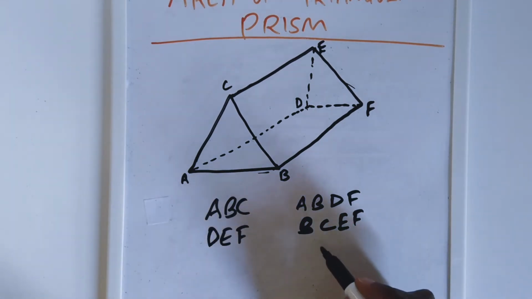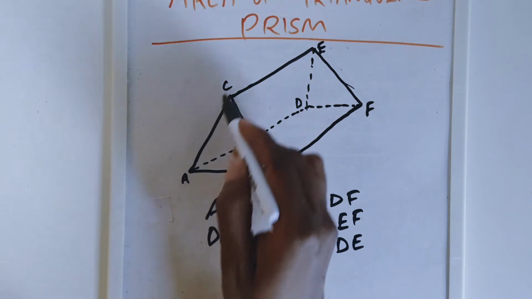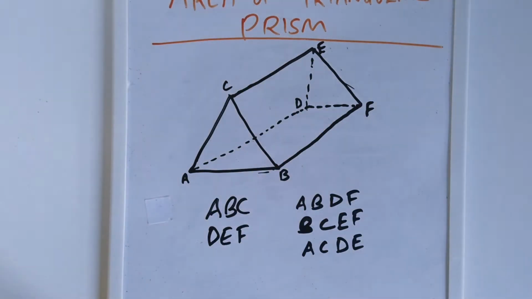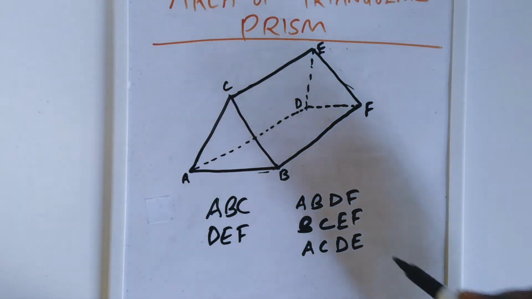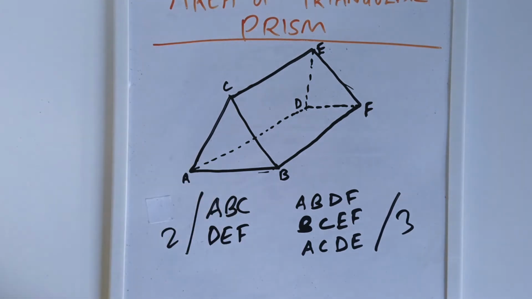Similarly, there is a rectangle A, C, D, E. That's also another rectangle. So in general, a triangular prism has three rectangles and two triangles.